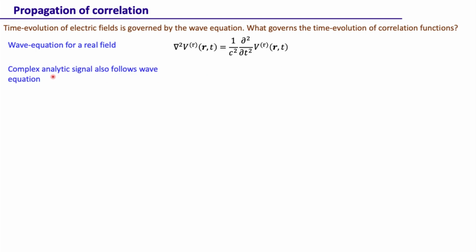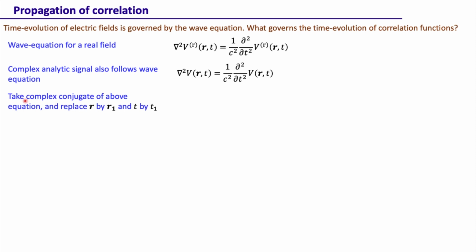One can very easily show that even the complex analytic signal corresponding to this real field also follows the wave equation. So this is V(r,t), the complex analytic signal, which is the positive frequency part of this real signal. This also follows the wave equation, that is del squared V(r,t) is 1 over c squared del squared over del t squared of V(r,t).